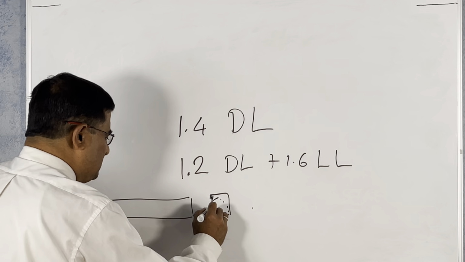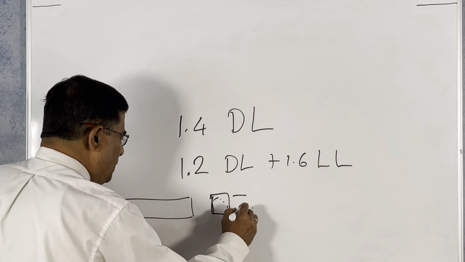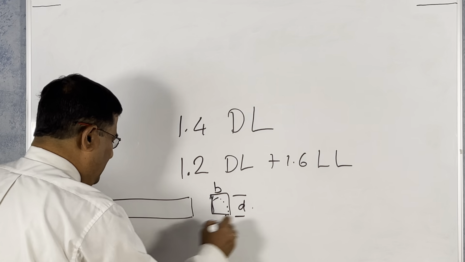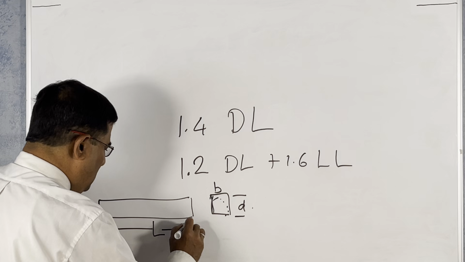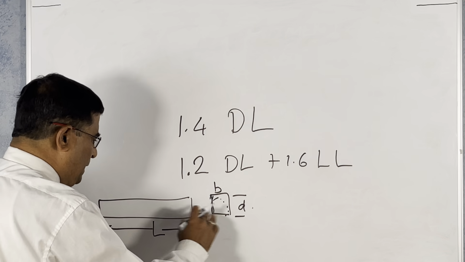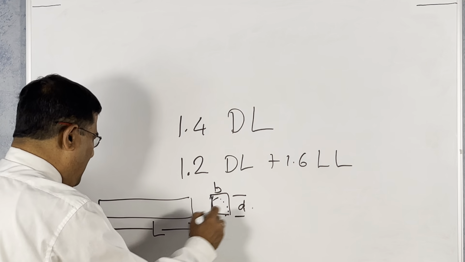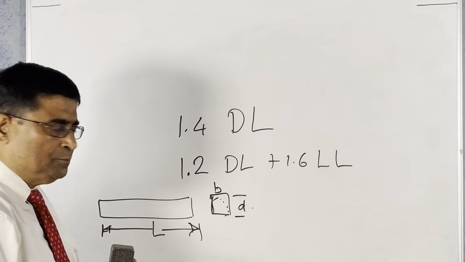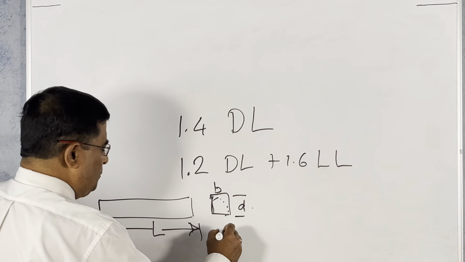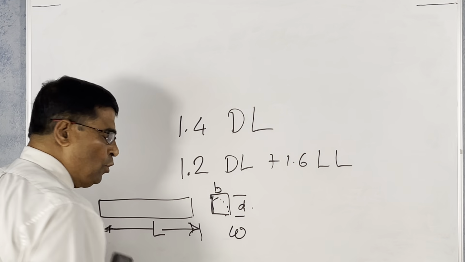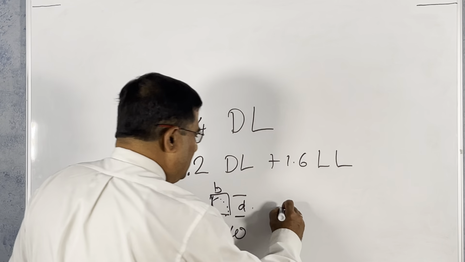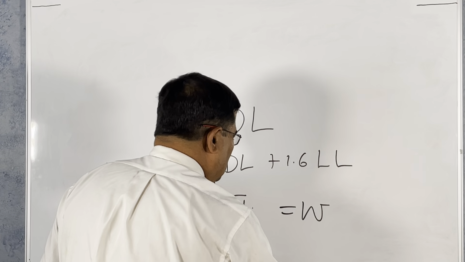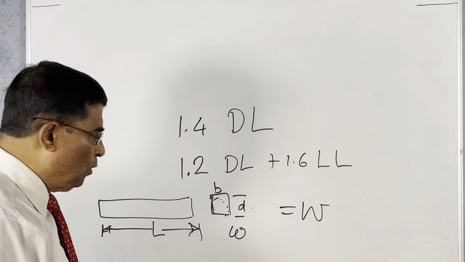You know this depth and breadth, you multiply that, and this length L. So that is D times L, the volume, and you multiply with the load per unit volume. That will be your total weight. So that is the dead load.